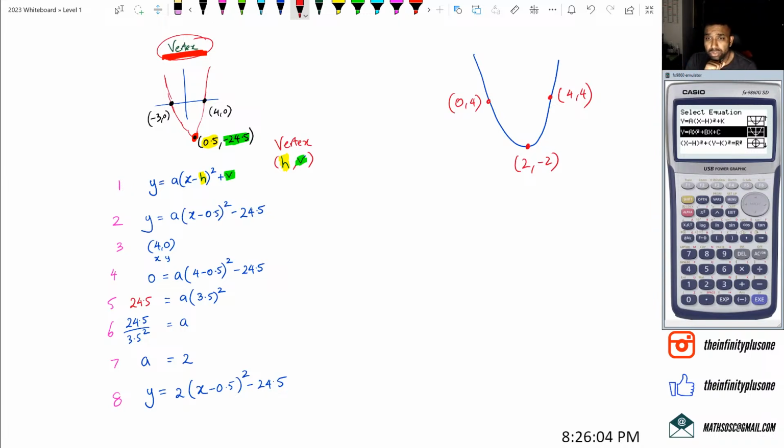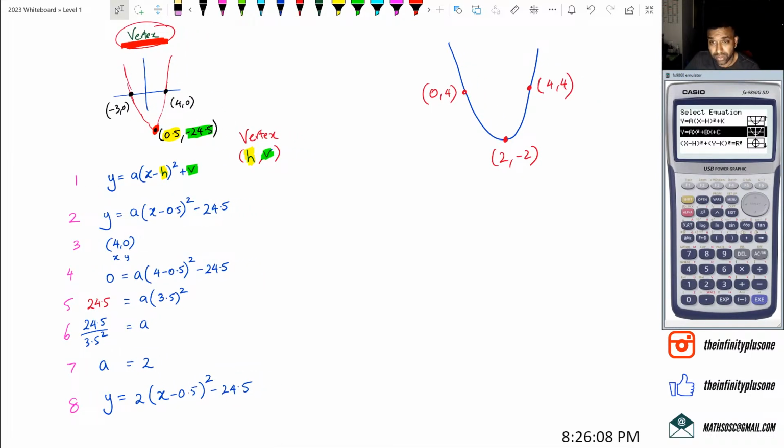Okay, so try this question here. Try and write this in vertex form at the moment, all right? I'll leave the working up there on the side for you guys so that you can have a look at it.